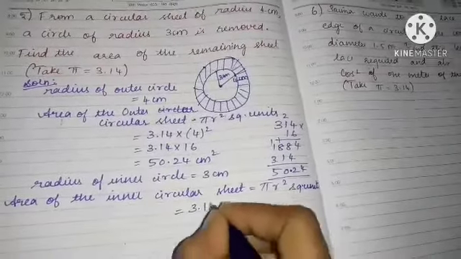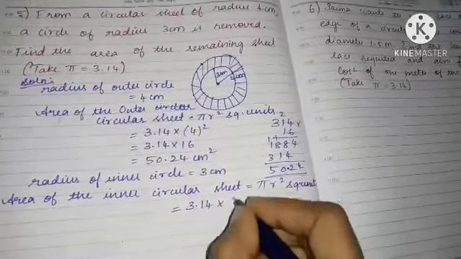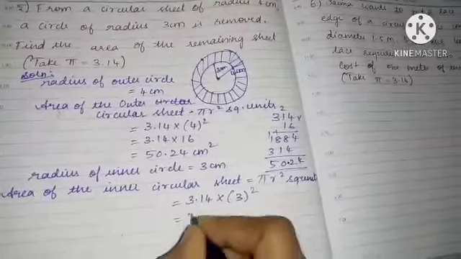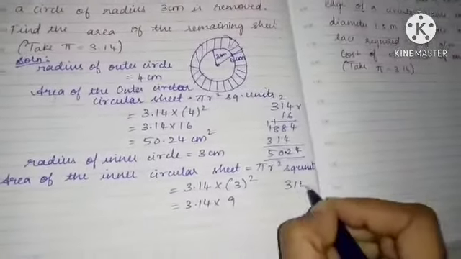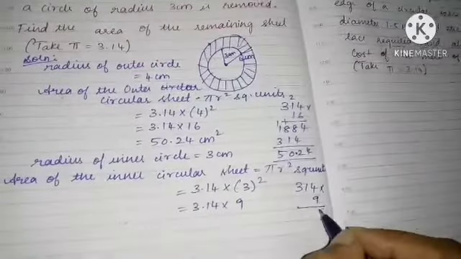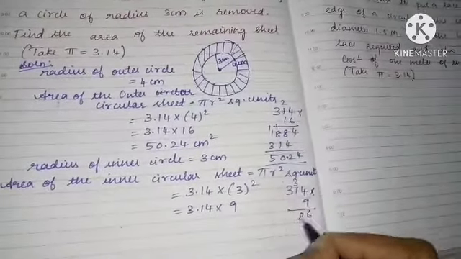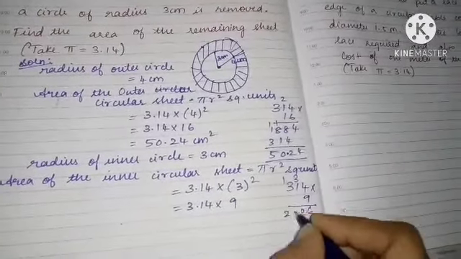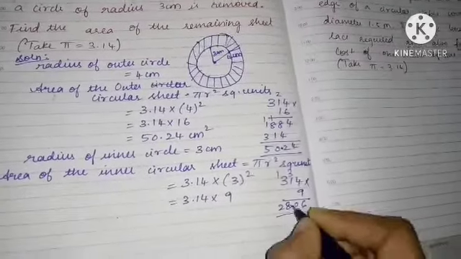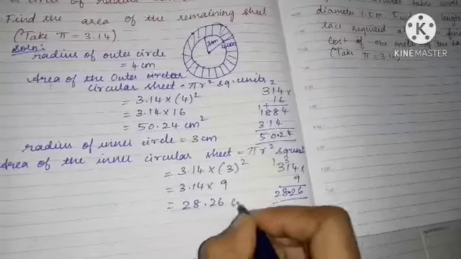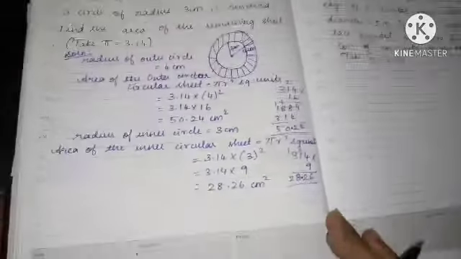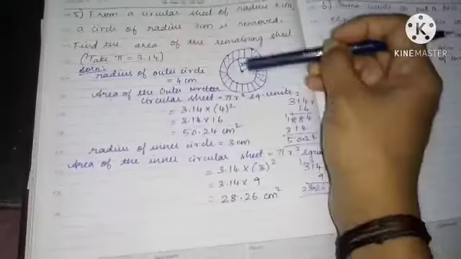Pi is 3.14 into r square, which is 3 square. So 3.14 into 9. 314 into 9: 9 4s are 36, 9 3s are 27, and so on. After 2 digits we keep the decimal point. So 28.26 centimeter square is the area of the inner circle.